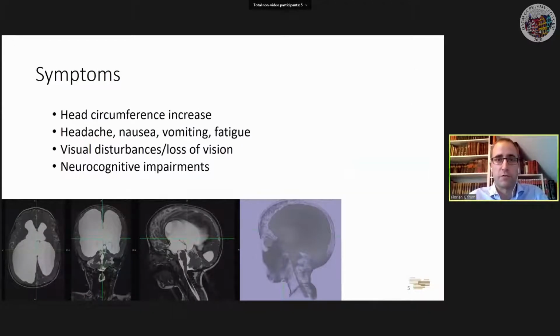Clinically, it is often first diagnosed by an increase of the head circumference in toddlers. The increased intracranial pressure may lead to headache, nausea, or tiredness, or even to a loss of vision in the long run. The loss of brain mass leads to neurocognitive impairments and development disorders.